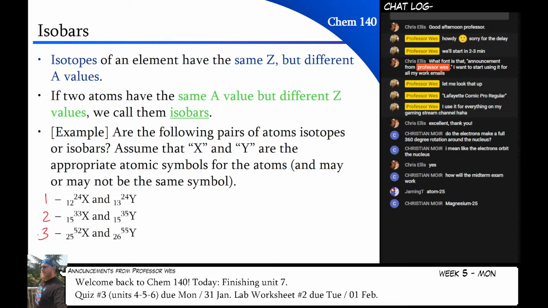So for instance, if the atomic number of this one is 12 right here, then this X should not just be the letter X. It should be magnesium because that's the 12th element. X and Y may be the same symbol or they may be different, so just keep that in mind. I want you to tell me isotope, isobar, or unique in the chat. I'll give you about 3 minutes to consider it. We'll see you in a bit.